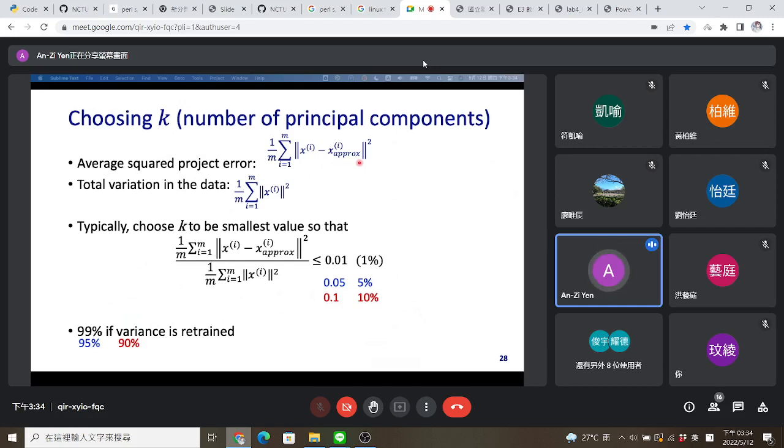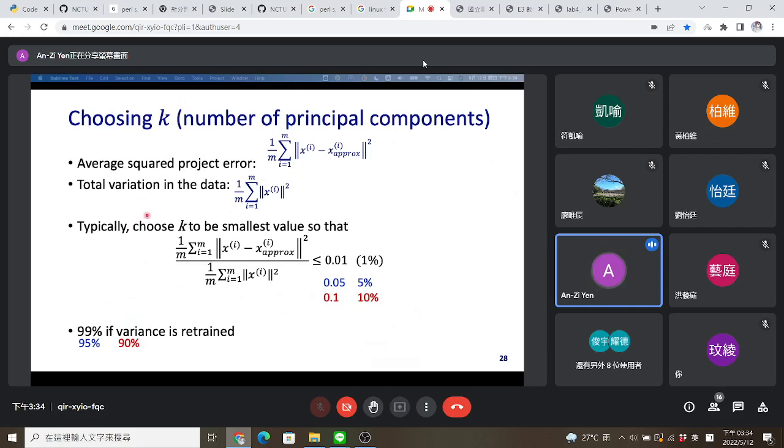So it tries to minimize the squared distance between x and its projection onto the lower dimensional surface. That's the average squared projection error.